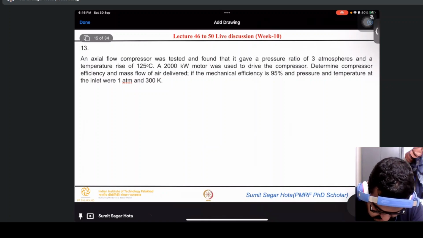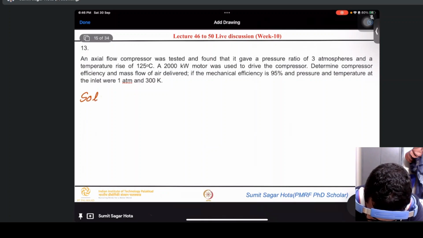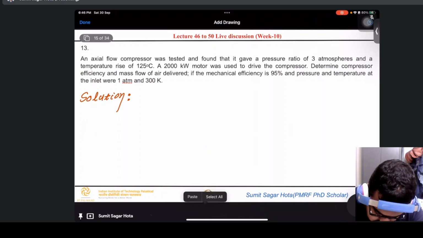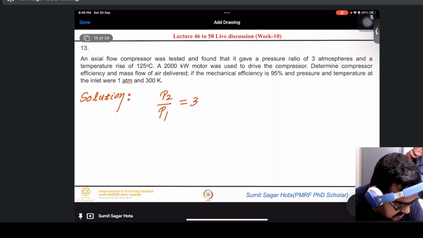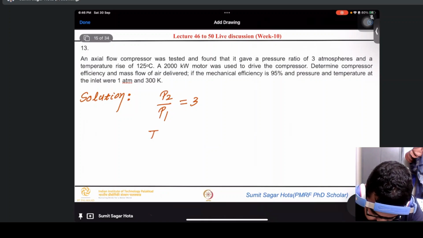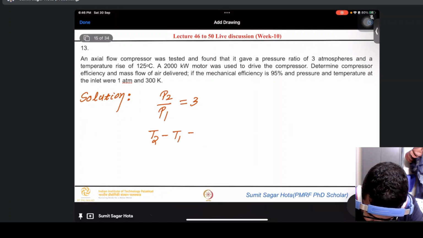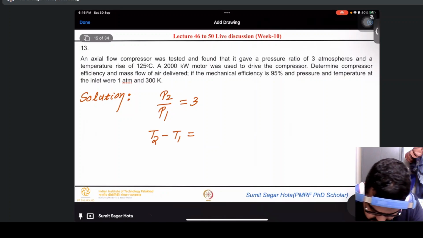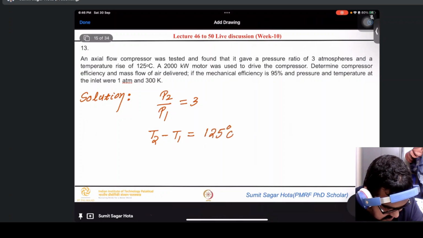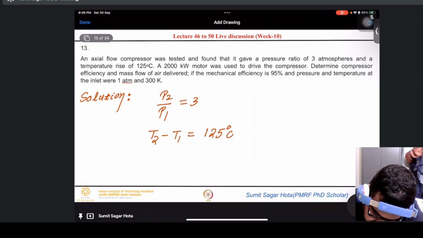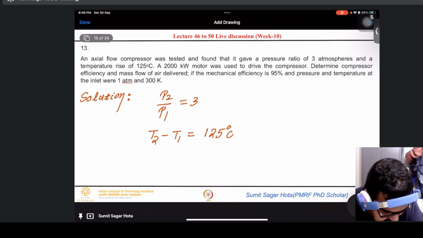So let's go to your solution. P2 by P1 equals what? 3. The pressure ratio is given as 3. Then T2 minus T1 equals what? 125 degrees Celsius, the temperature rise is given.